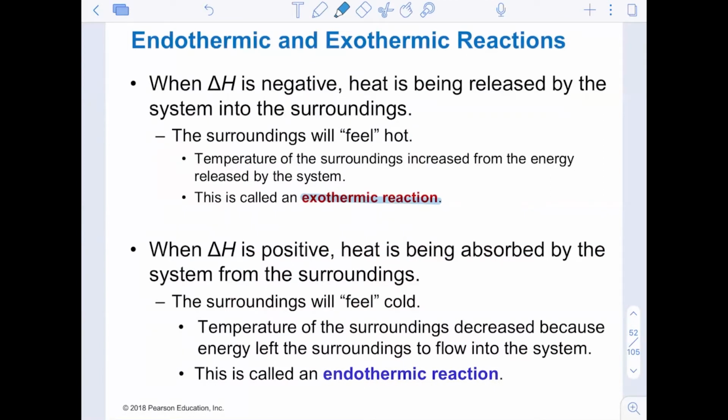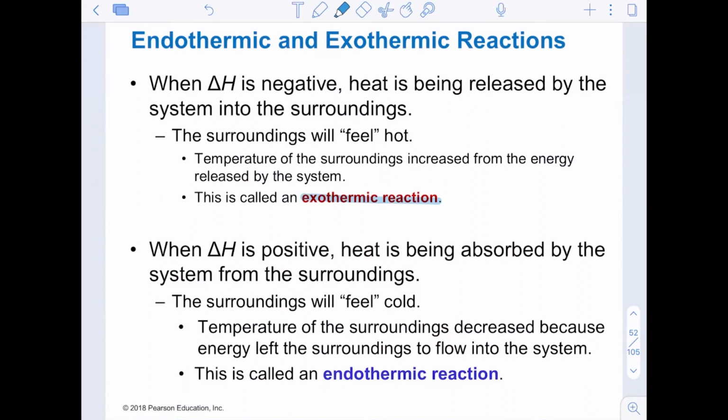You are feeling the heat coming off of the reaction, exiting the reaction, being absorbed by you, the surroundings. So the reaction is not hot. The surroundings is absorbing heat from the system. And so that means that the surroundings is getting hot.